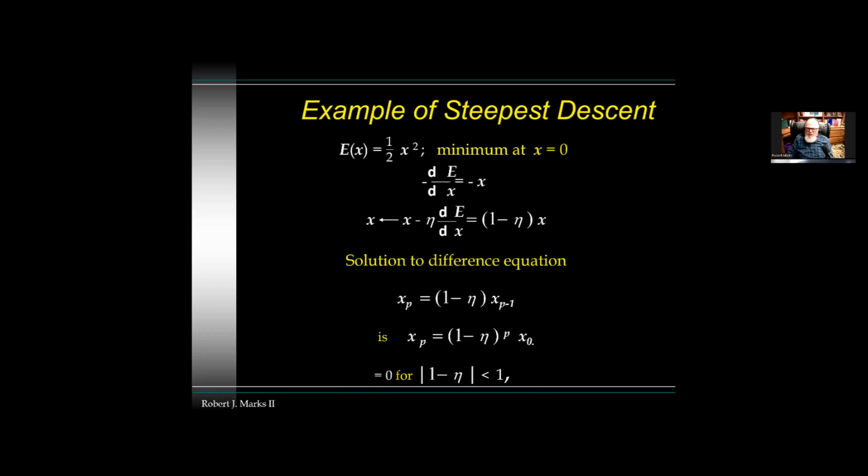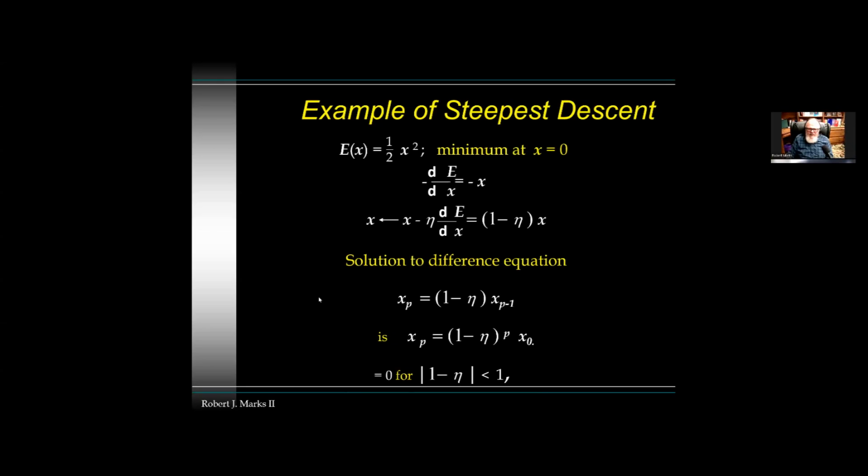So you let p go to infinity. That turns out to go to what? It turns out to go to 0. So this term, 1 minus eta to the p, if the thing in the parentheses has magnitude less than 1, is eventually going to go to 0.